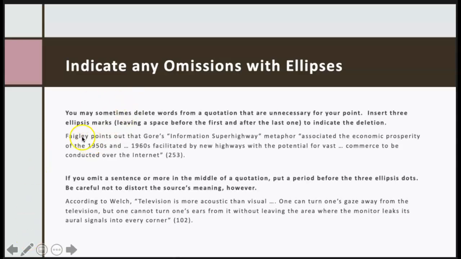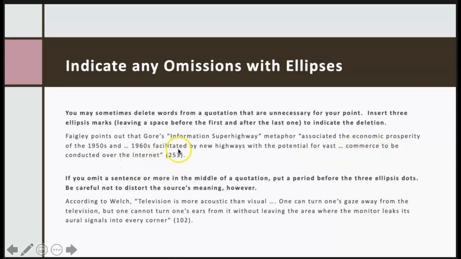All right. So Fagley points out that Gore's, this is the term, information superhighway metaphor. So that's the name of a particular metaphor. Open the quotes, "associated the economic prosperity of the 50s and 60s and space, the ellipsis, 1960s facilitated by new highways with the potential for vast commerce to be conducted over the internet."